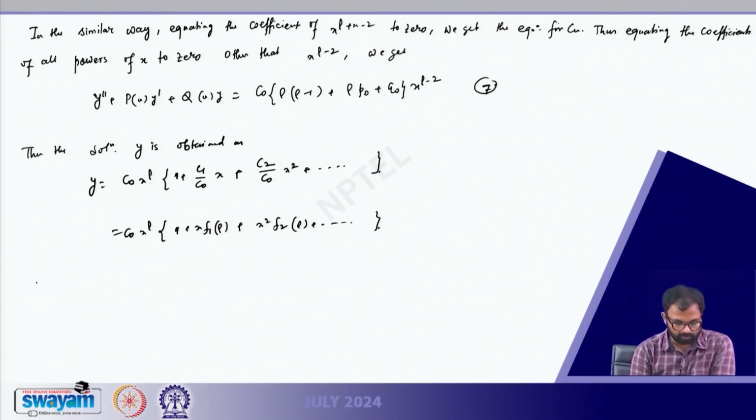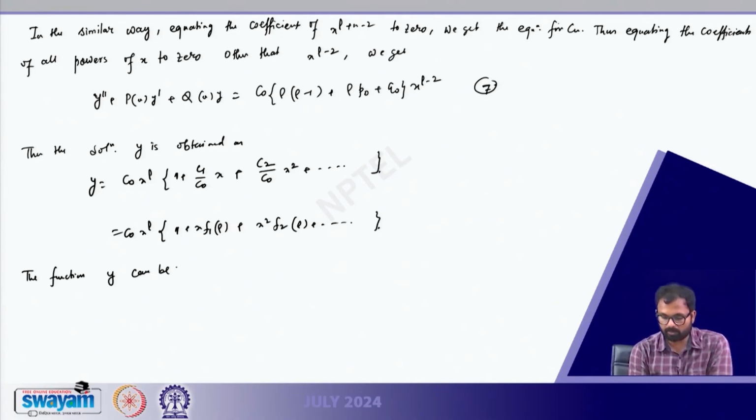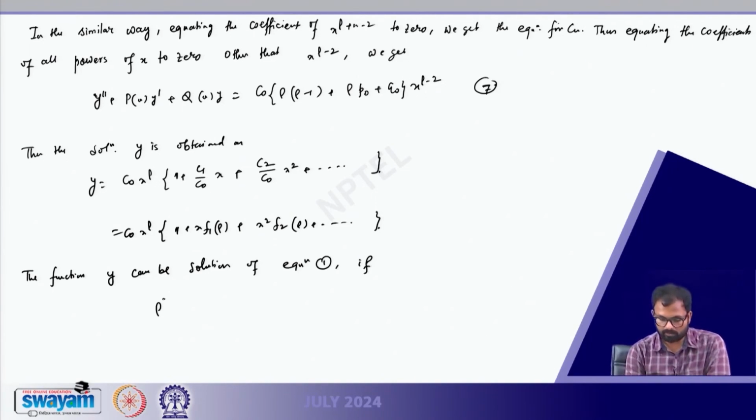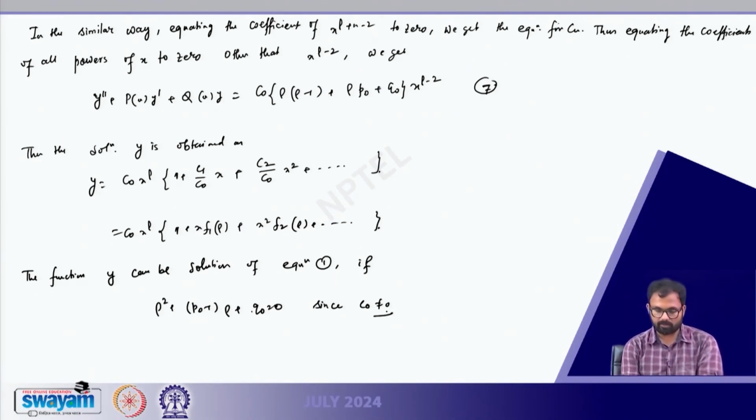Then from equation number 7, the function y can be a solution of equation 1 if rho square plus P0 minus 1 into rho plus Q0 equals 0, since C0 is not equal to 0.